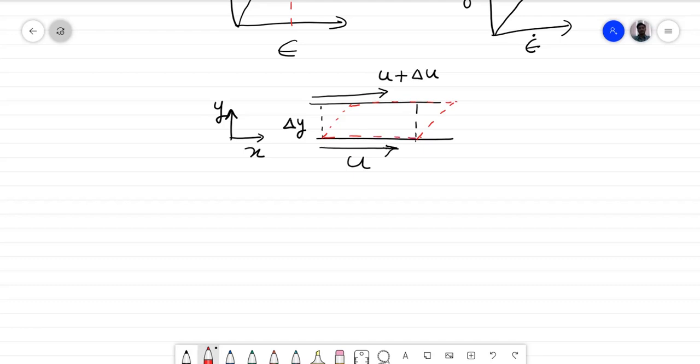Then the strain is defined as this angle here, theta.